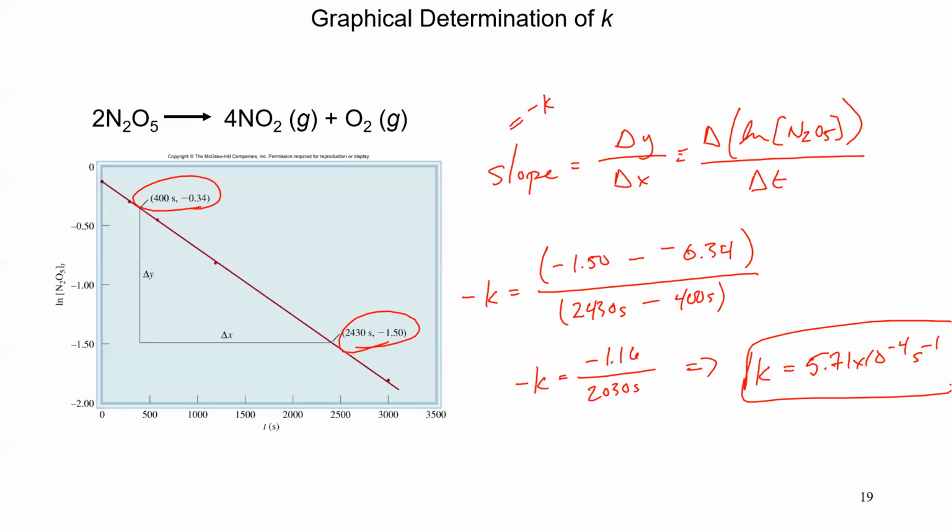Okay. And that's if we were doing an experimental lab, for example, and we didn't know the rate constant, and all we had was the raw data. We could take that raw data, plot it in Excel. Since Excel gives a trend line, we could just add a trend line, or we could just do it by hand, take the natural log of the initial data point and a later data point, and figure out the rate constant that way.